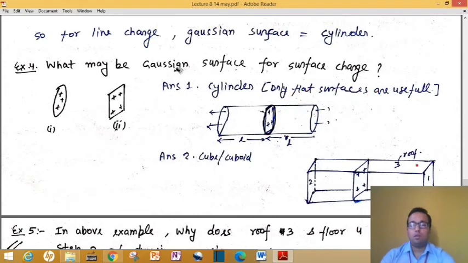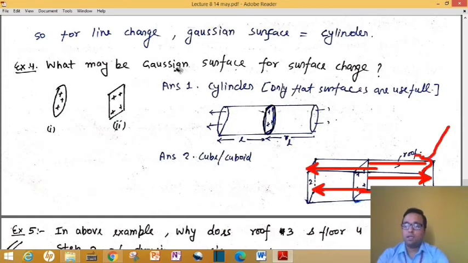Okay, or if you have a square plate, then your Gaussian surface will be a cuboidal shape like this one. Okay, this point 1, this point 2, and like this. Got my point? Why? Because electric field due to this plate is like these arrows.